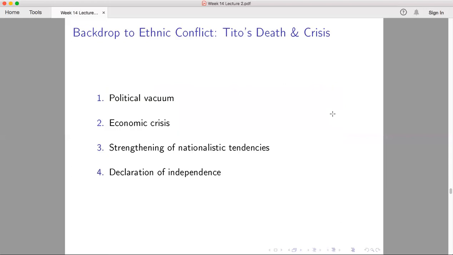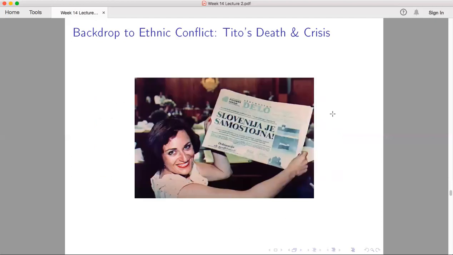And then the last thing that this actually leads to is, with all this strengthening of nationalism and with the economic differences between regions, countries move to become independent. And usually this happens first with the richer countries. So in the early 1990s, there are referendums held in Slovenia and Croatia to become independent republics.